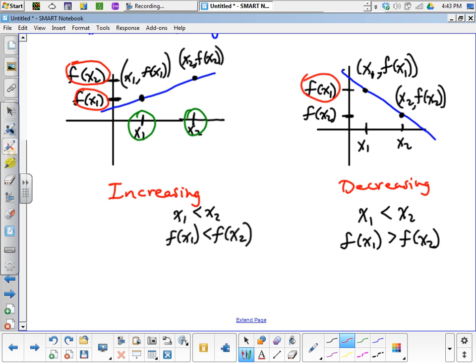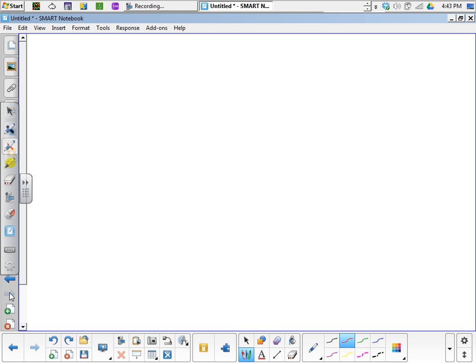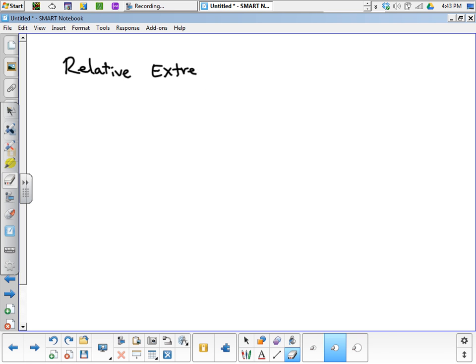All right, and then the next thing we want to look at is relative extrema. What is relative extrema?